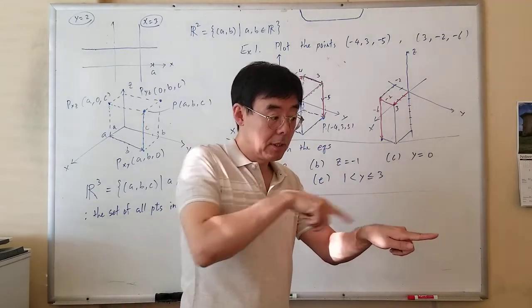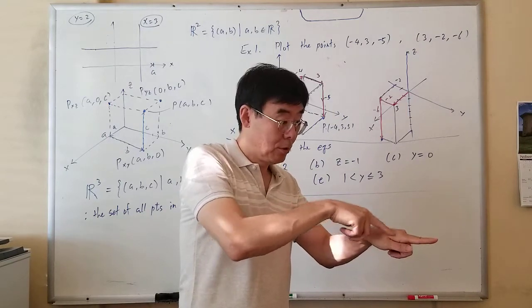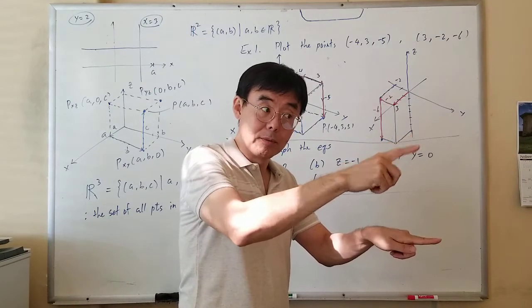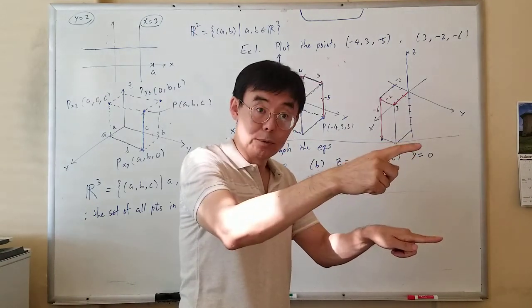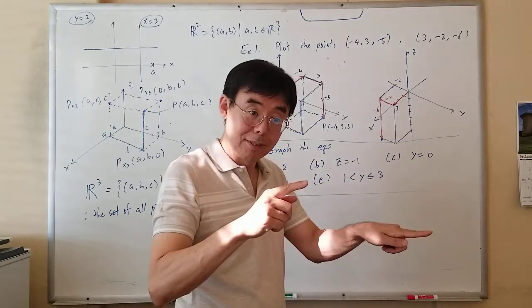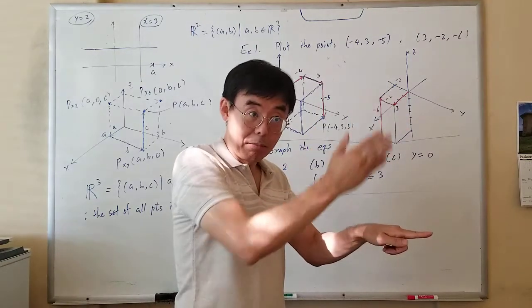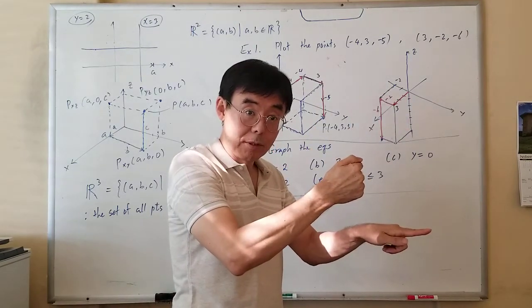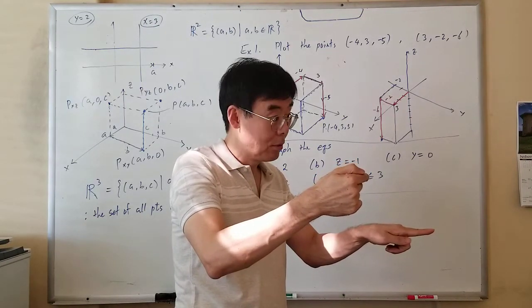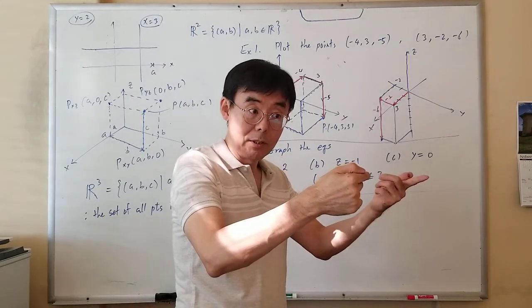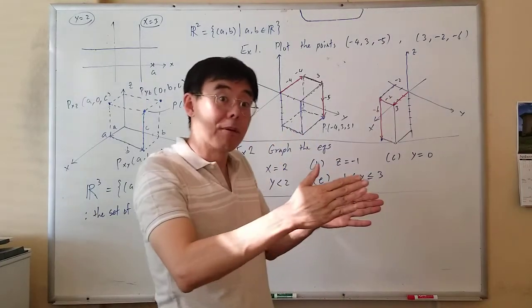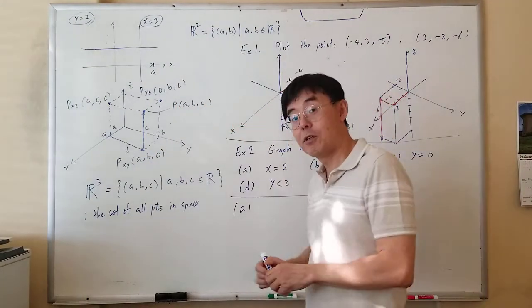You have any point in the yz plane, say (0, 2, 3), and then you add x coordinate 2. You have to move 2 units along the x direction. In every point in the yz plane, you just move from there 2 units in the positive x direction. That will make x equal 2 for whatever y and z coordinates. So it will form a plane 2 units away from the yz plane, perpendicular to the x-axis.